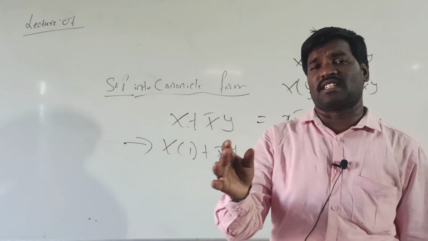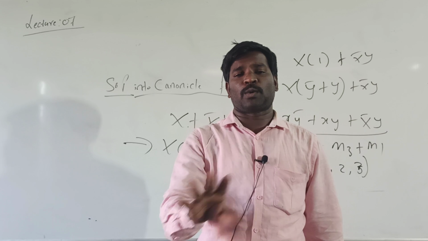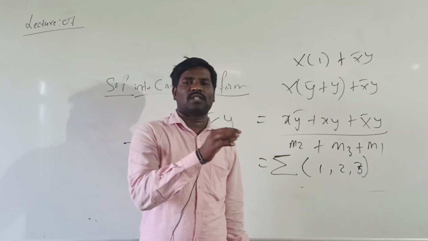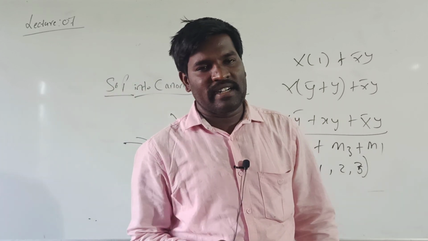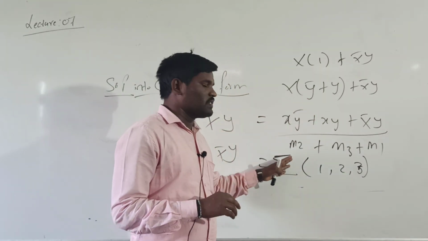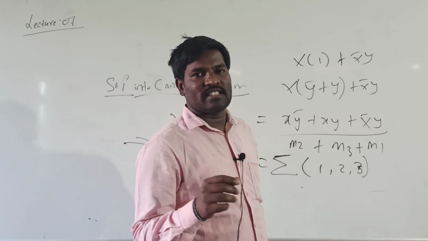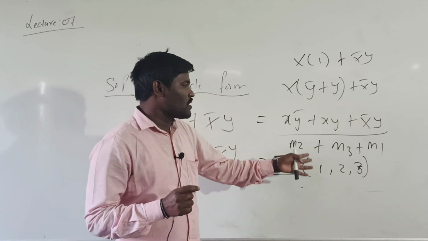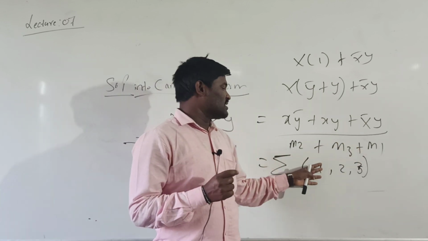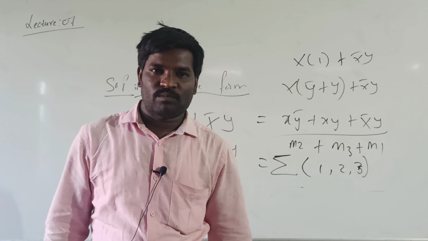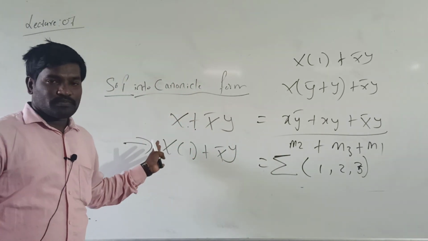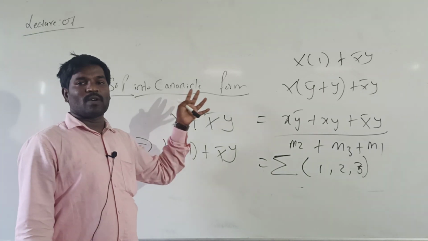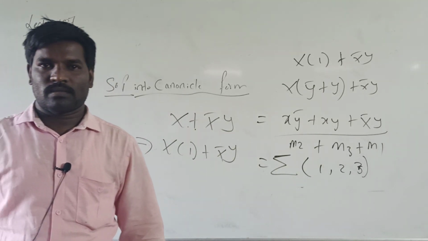If it is z, then z into z bar. In any problem, first identify the missing term, then put the complementary law, next multiply, and finally mention the positions, which can be represented using the summation in the bracket of whatever positions are present. This is the example for converting sum of product into canonical form.